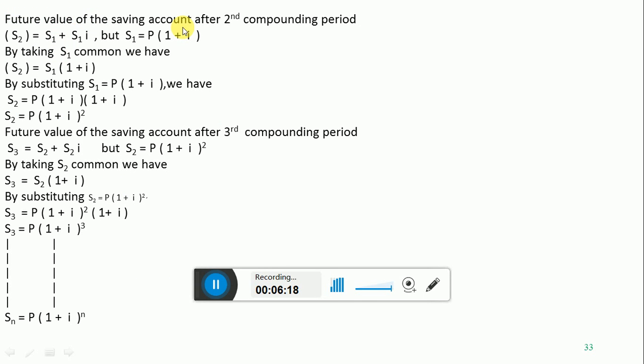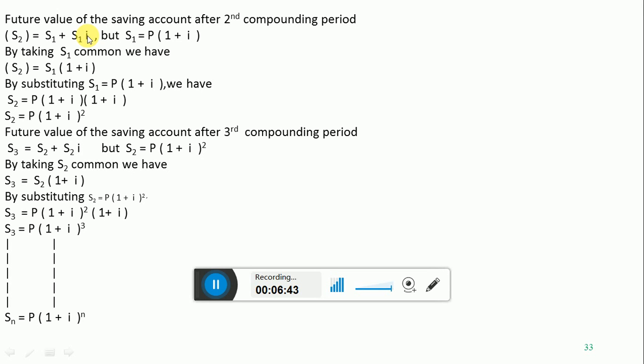Future value of the saving account after the second compounding period: we have S2 is equal to S1 plus S1I, but S1 is equal to P into 1 plus I. As we know, the future value formula is Sn is equal to P plus PRT, or Sn is equal to P plus PIN.